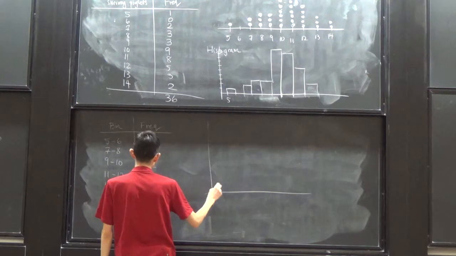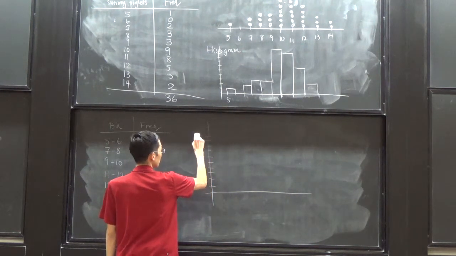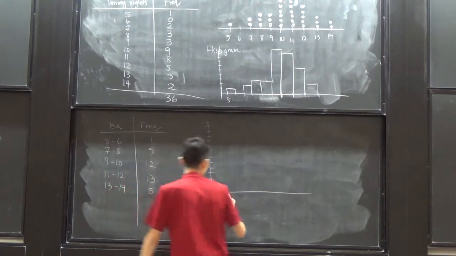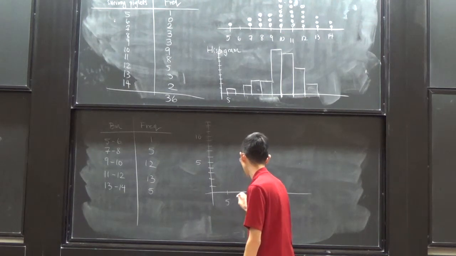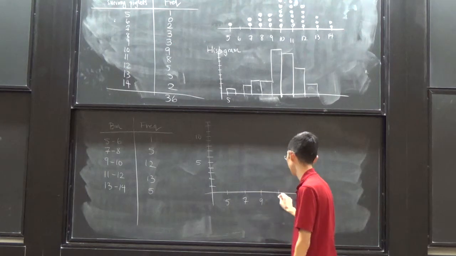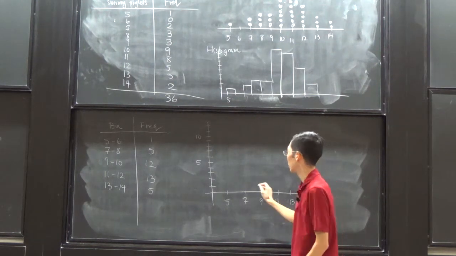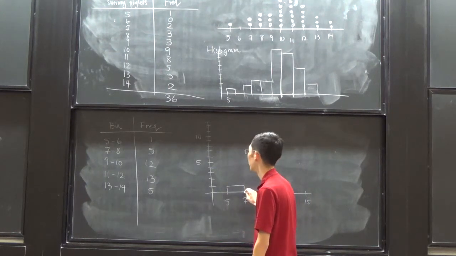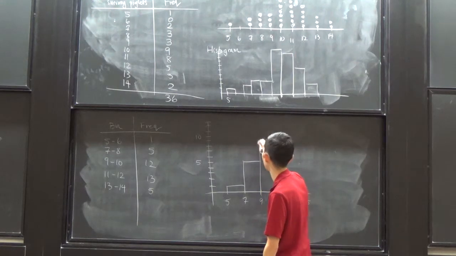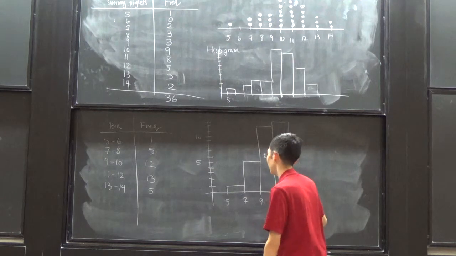Okay, and I would have to go 1, 2, 3, 4, 5, 6, 7, 8, 9, 10, 11, 12, 13. And 5. We would draw bars at the left edge of each thing, and I would have 1, 5, 12, 13, and 5.